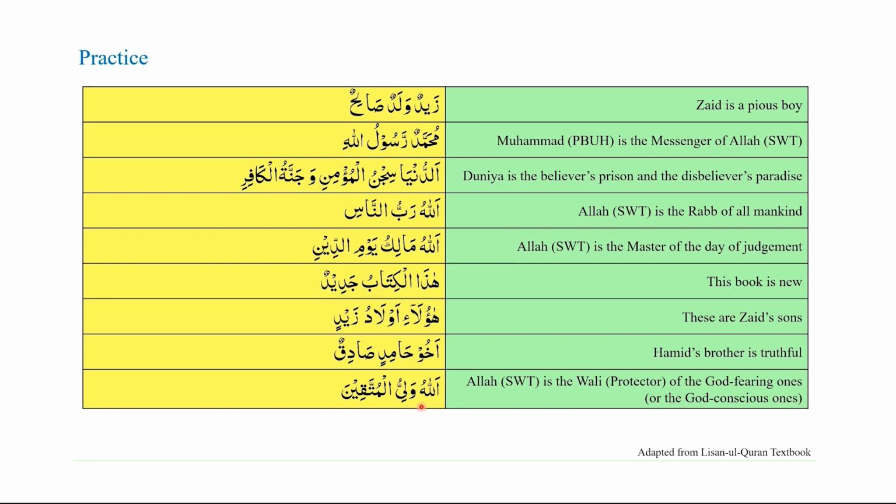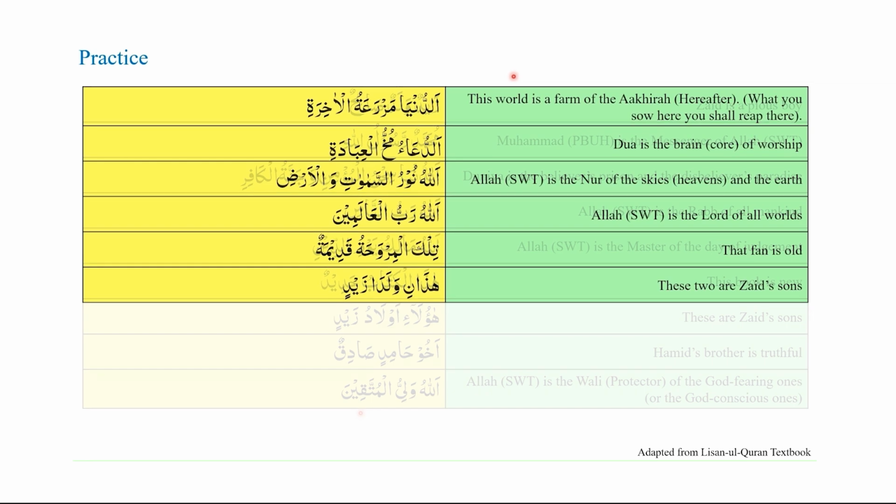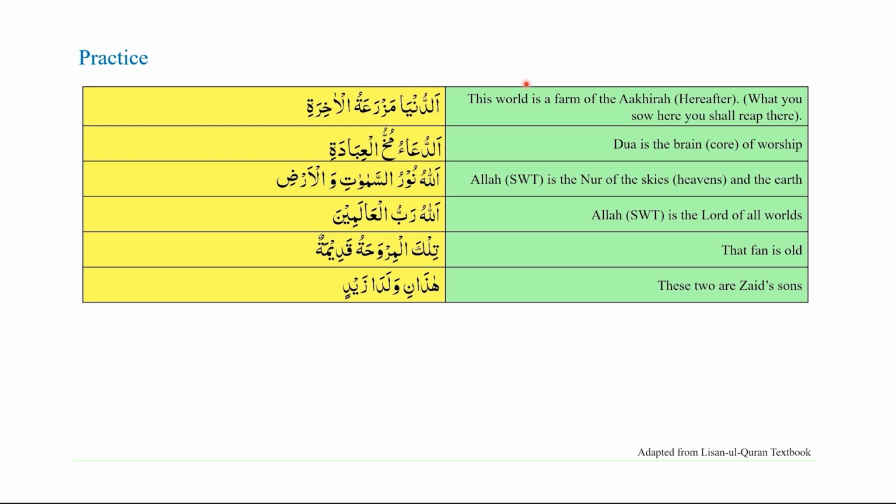Allahu waliyul muttaqina. This world is a farm of the akhirah or hereafter. In other words, what you sow here, you shall reap there. Ad-dunya mazra'atul akhirati. Mazra'atul akhirati is a murakkab izafi.